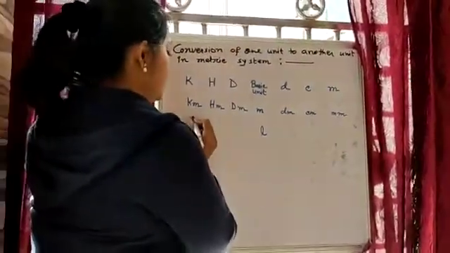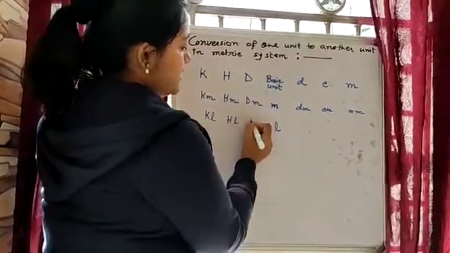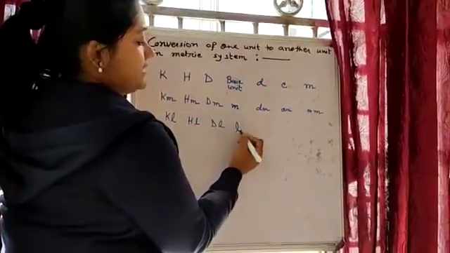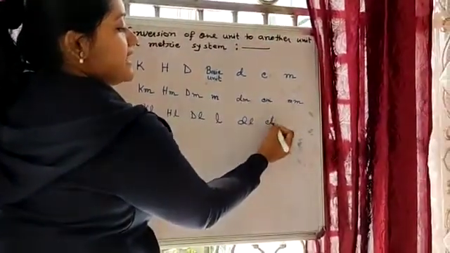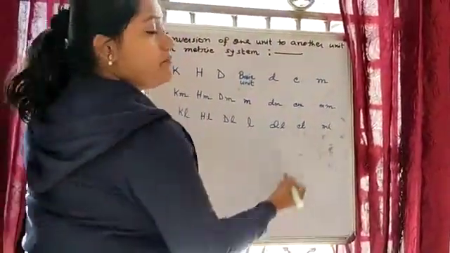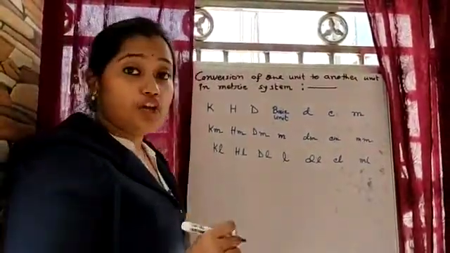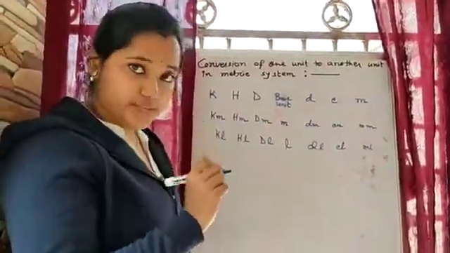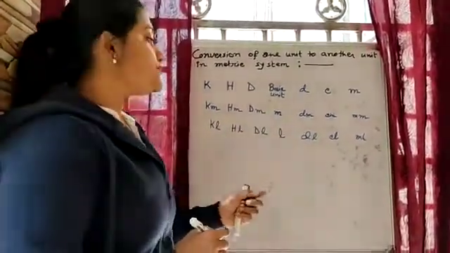So kilo will be kiloliter, then hectoliter, then decaliter, then liter, deciliter, centiliter, milliliter. To find out the volume of any liquid, we use the basic unit as liter.